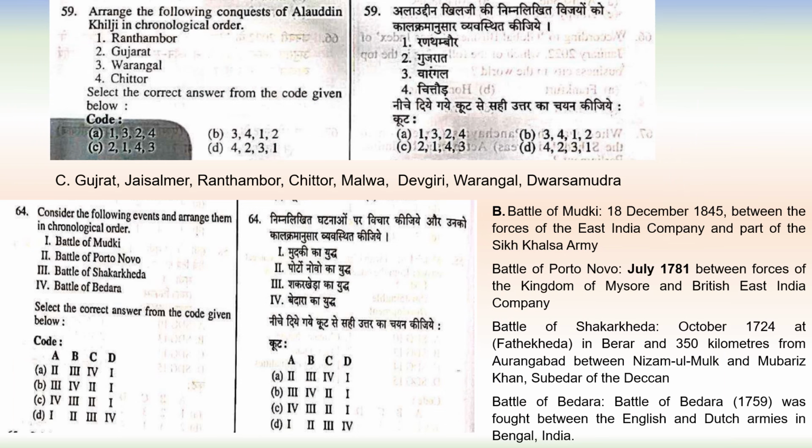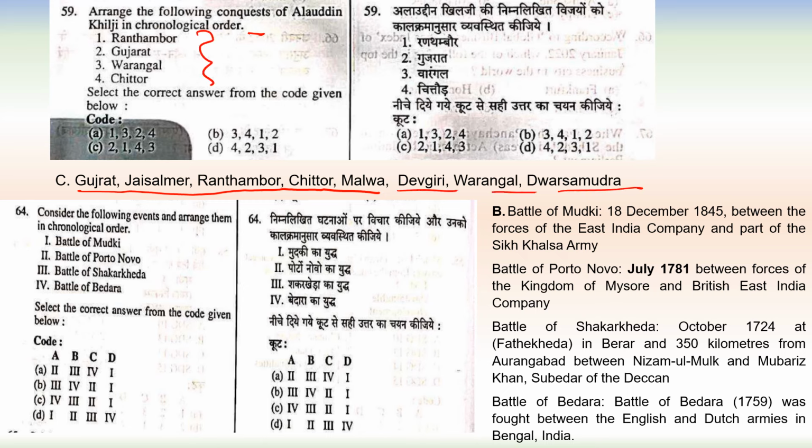Next one, arrange the following conquest of Alauddin Khilji in chronological order. So Alauddin Khilji के conquest देखेंगे. गुजरात, then जैसलमेर, then रणथंभौर, then चित्तौड़, then मालवा, then देवगिरी, then वारंगल, then द्वार समुद्र.